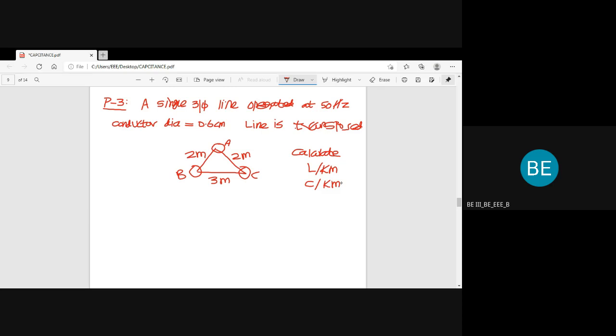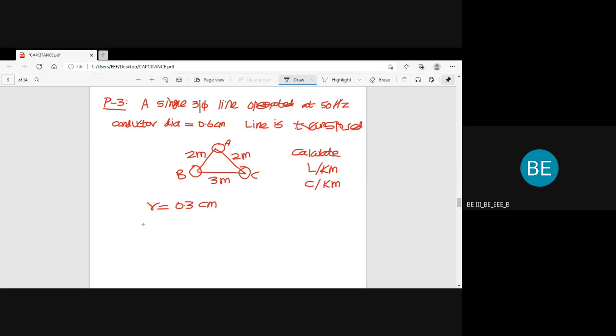So one problem where we are going to calculate inductance as well as capacitance. Before going to the inductance and capacitance calculation, first we will consider the radius. The diameter is given as 0.6 centimeter, so the radius will be 0.3 centimeter.